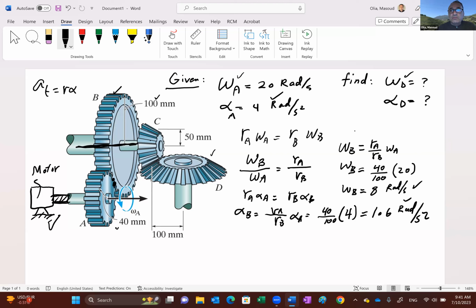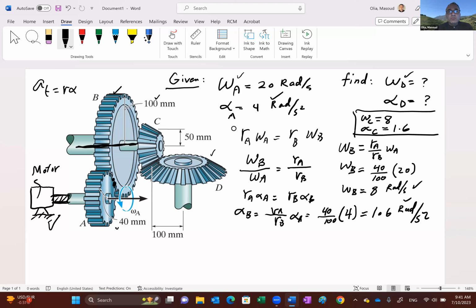So we can conclude that the angular velocity of C is the same as the angular velocity of B, which is 8. I want to make sure that everything is on the same page, so you have the picture in front of you. So alpha of C is also the same as alpha of B, which is 1.6.